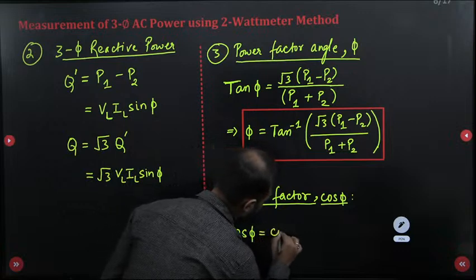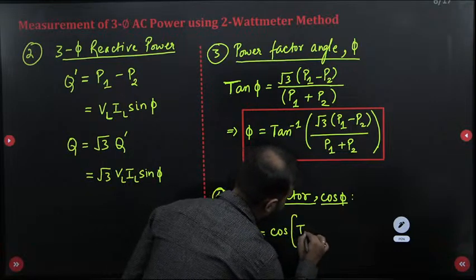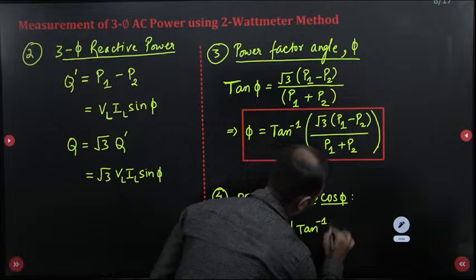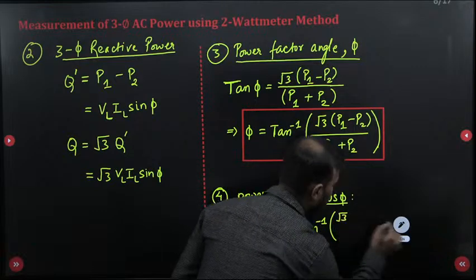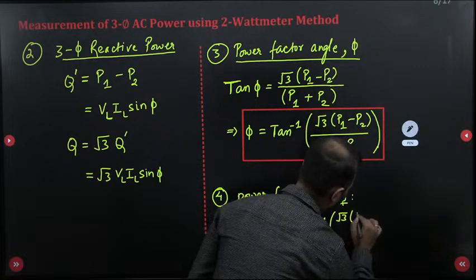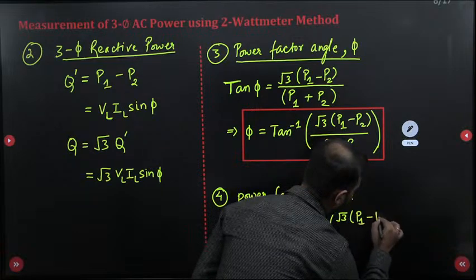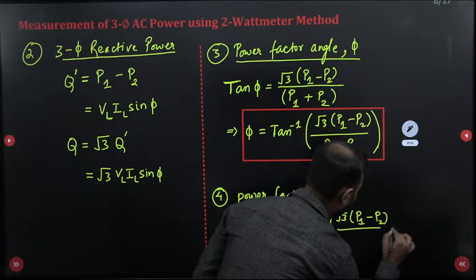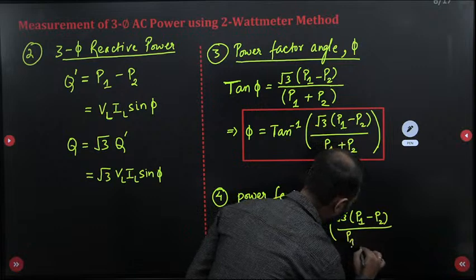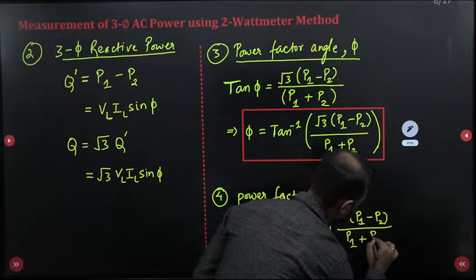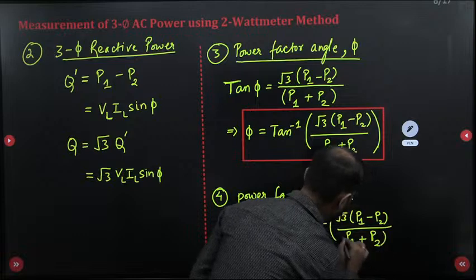So phi is tan inverse of root 3 times (P1 minus P2) whole divided by (P1 plus P2).